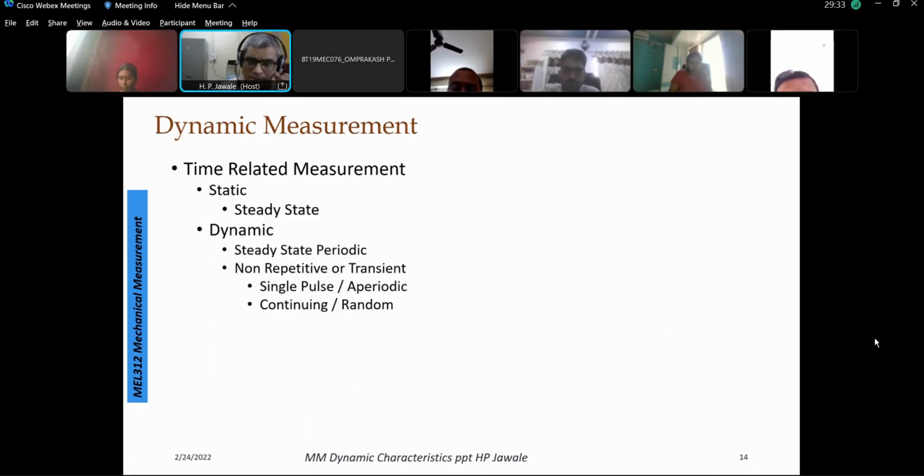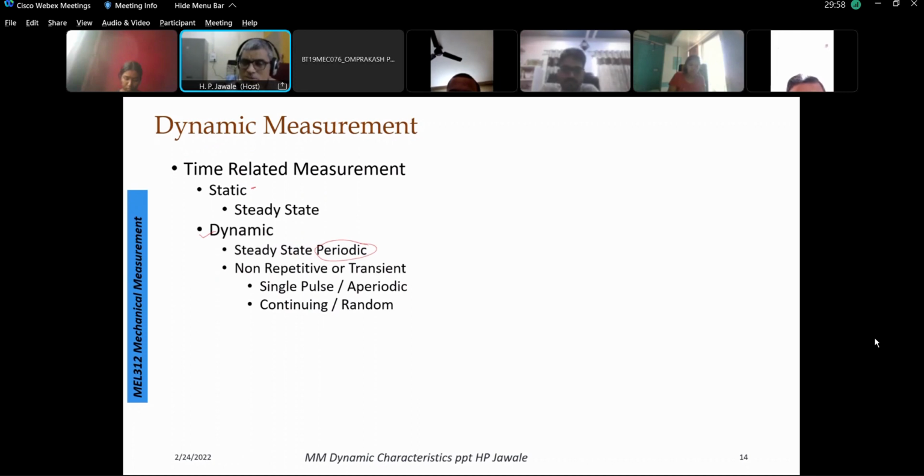So the dynamic measurement is generally done with static signals, where the signals are applied as steady state signals. Then the signals can be of a dynamic nature, having the periodic type of signal.